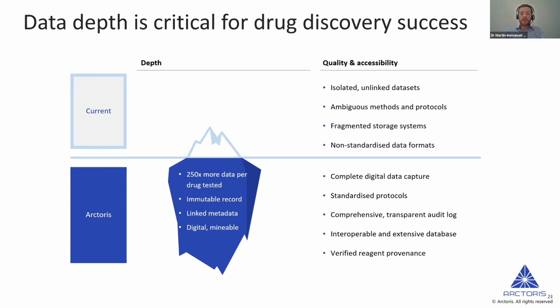It also means data is interoperable, which then becomes an interesting conversation when thinking about FAIR data principles: findable, accessible, interoperable, reusable, which should be the gold standard for any data generated in any field, but especially within biomedicine. And it also means that anything which goes into the system can be controlled far more tightly.